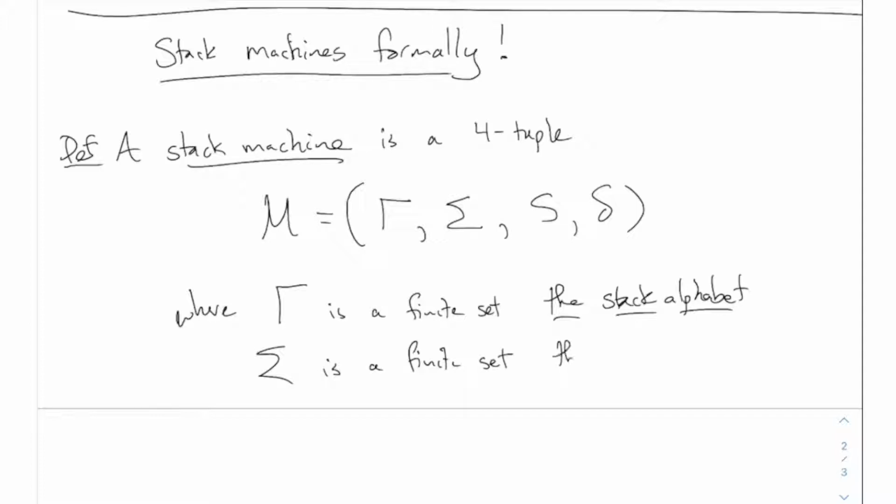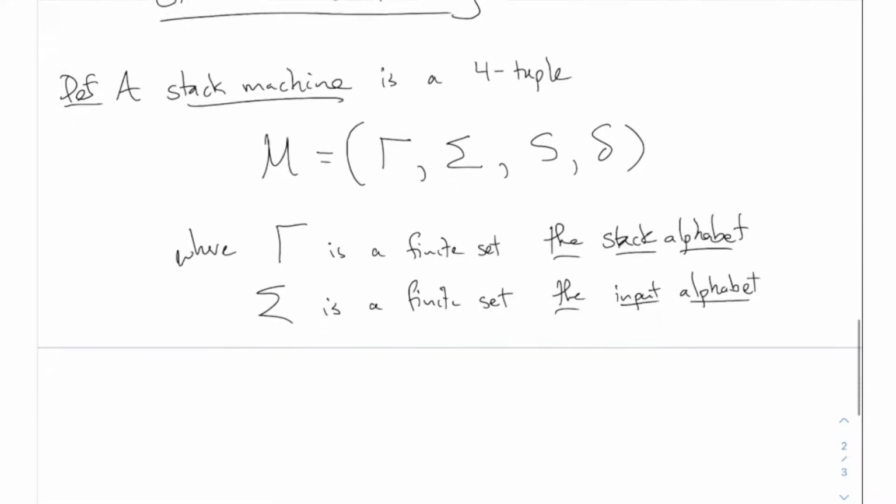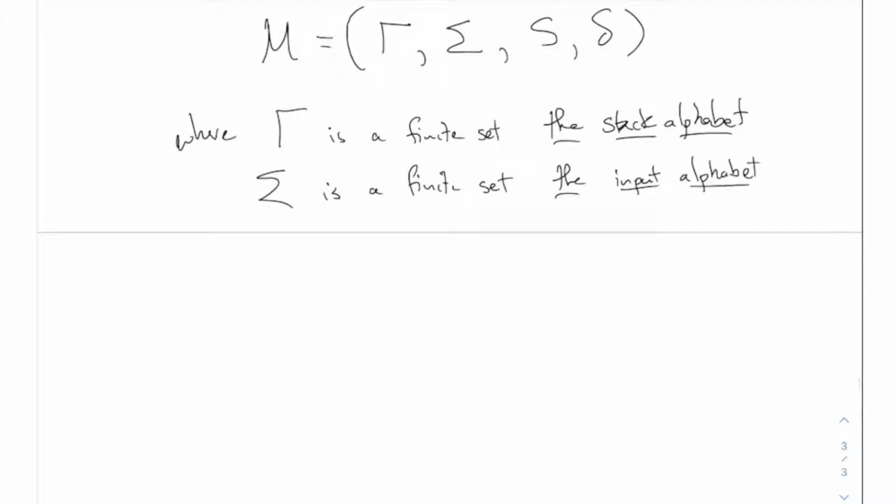This is called the input alphabet. S is the starting stack symbol, and that is just an element of gamma, right? S is one of the stack symbols. This is the starting symbol.